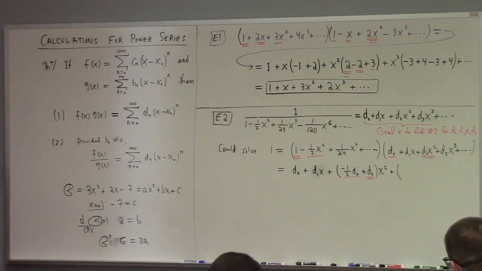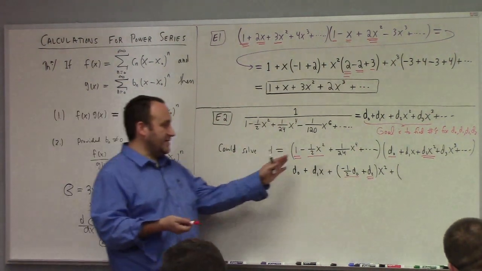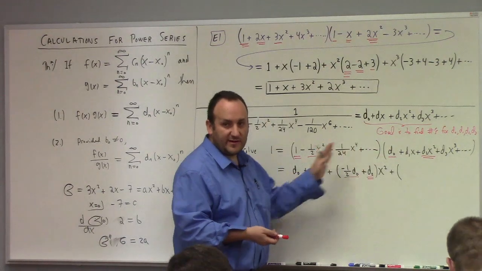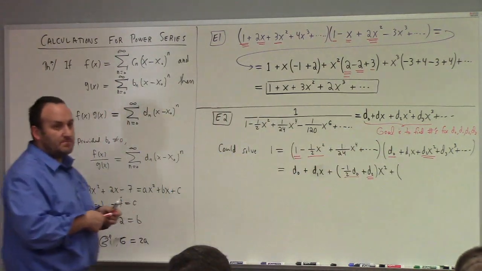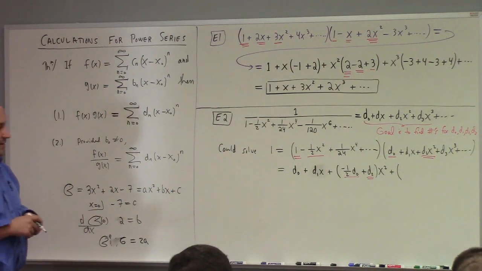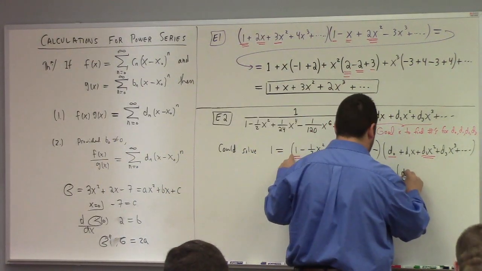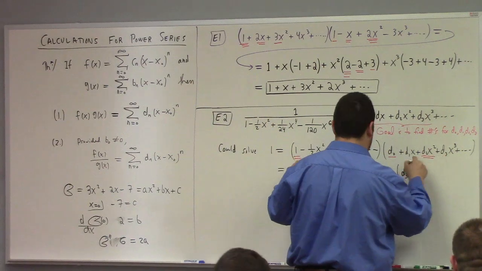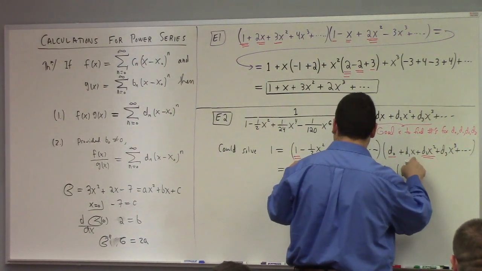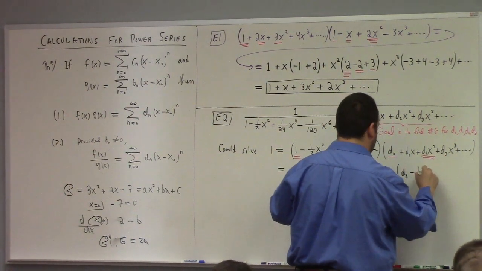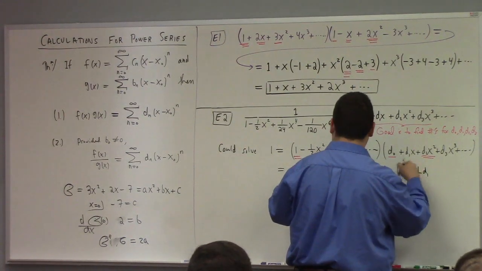I can't do that because there's no x term in here, except the one that's 0. And then x cubed, what have we got? We've got d3, and it looks like minus 1/2 d1, and I think that's it.